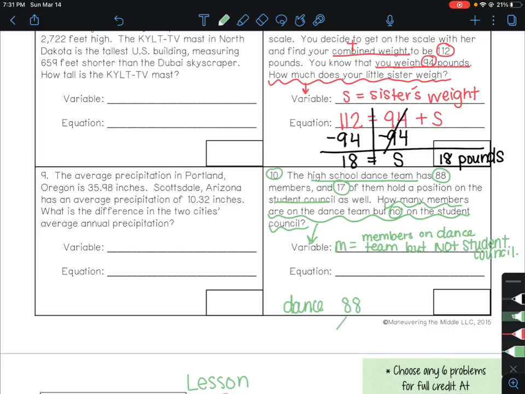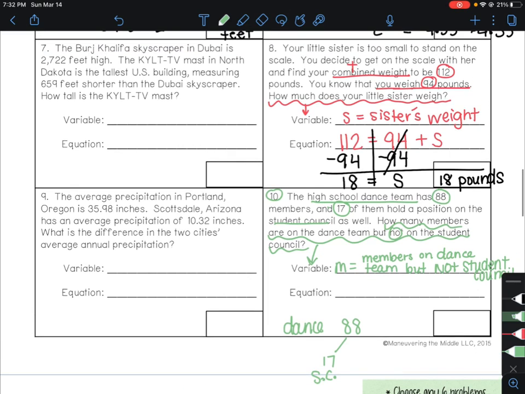So we know we have total 88 students on the dance team. 17 of them are also on student council. The rest, M, are not on student council. I'm using SC. So the entire dance team, 88 people, is equal to the 17 that are on student council plus the M, the number of members who are not on the student council.